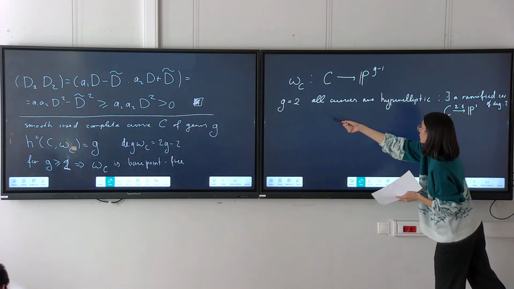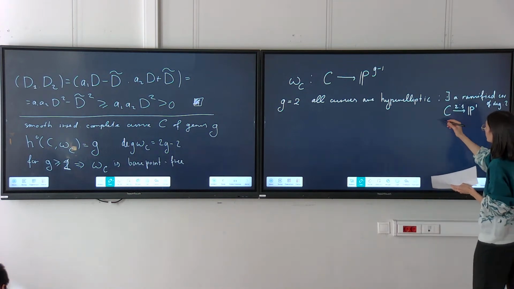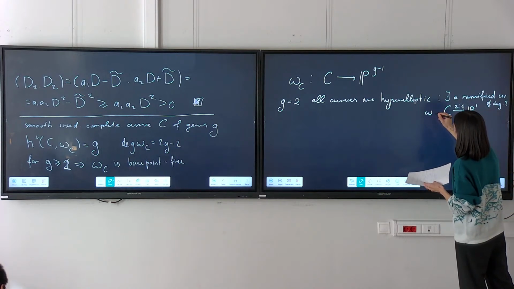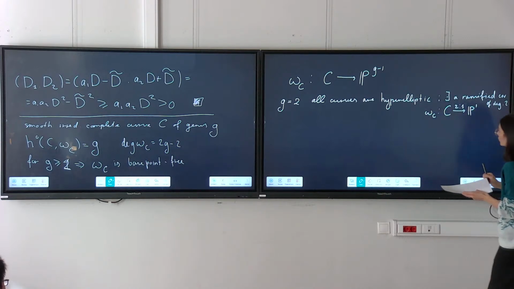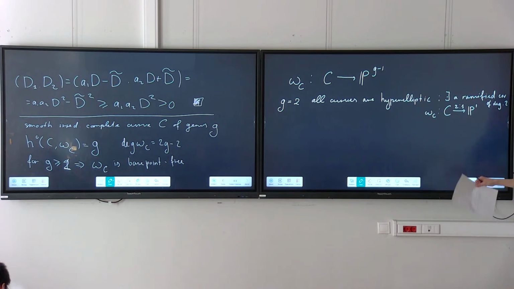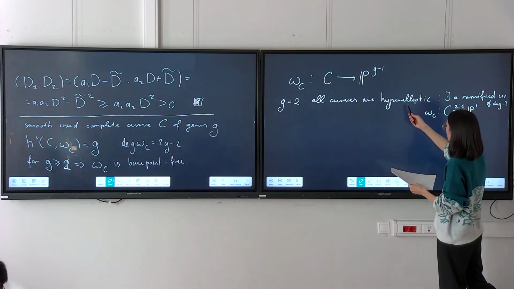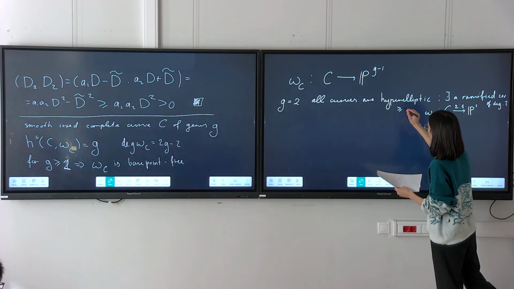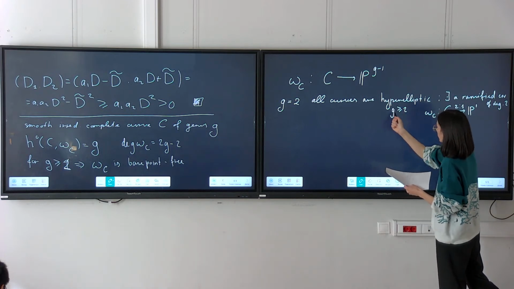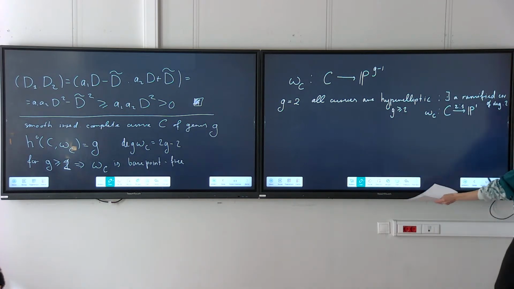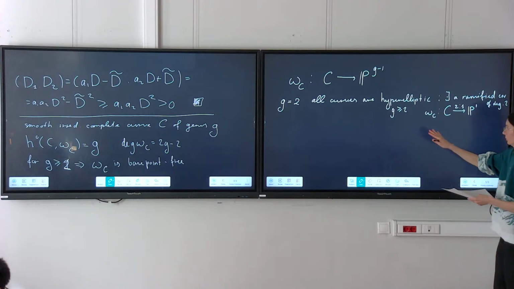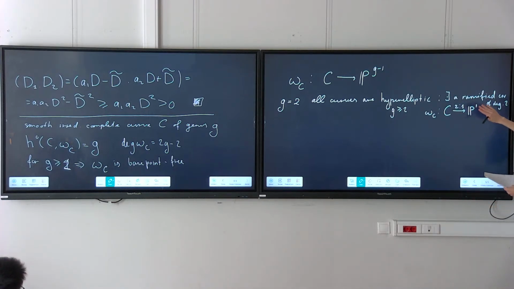And for g equal to 2, this double covering is just given by the canonical bundle of C. And for hyperelliptic curves, we always suppose that the genus is greater or equal to 2. So P1 is not a hyperelliptic curve.